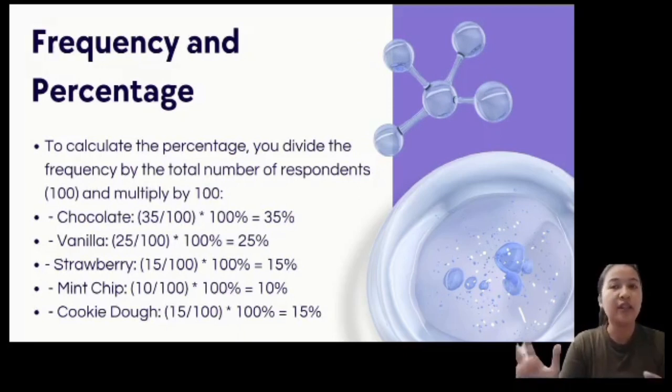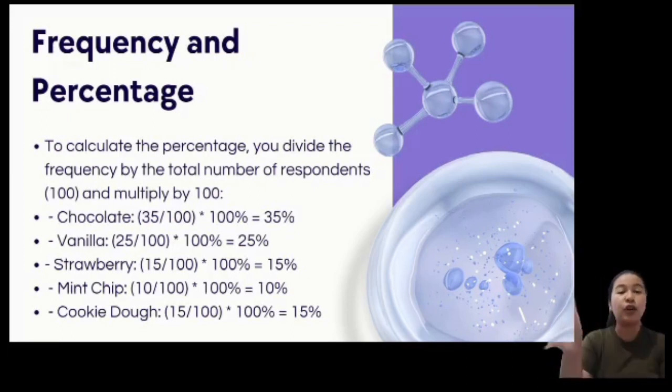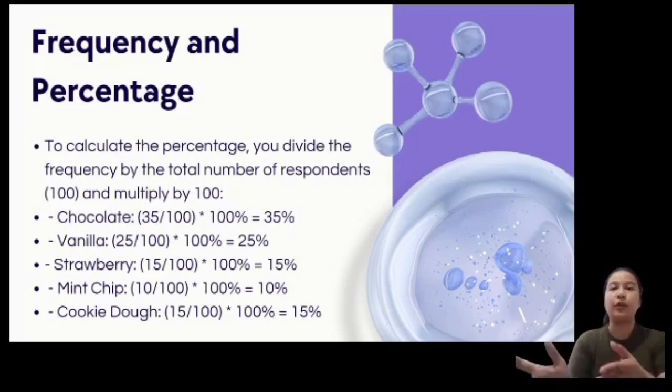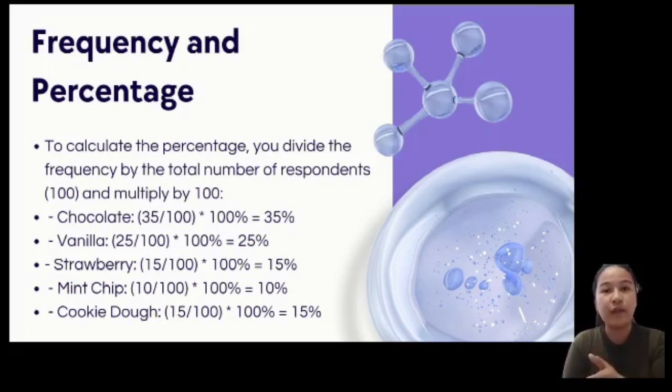To calculate the percentage, we divide the frequency by the total number of respondents, 100, and multiply by 100. For chocolate, 35 people chose it, so we divide 35 by 100 respondents, and then multiply by 100, which is equal to 35%.